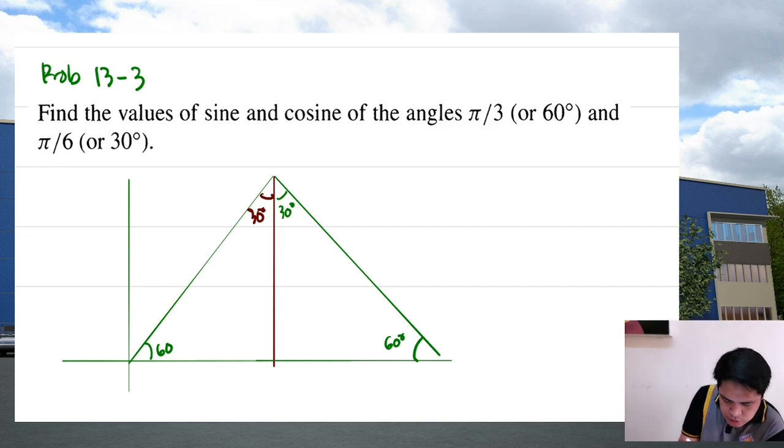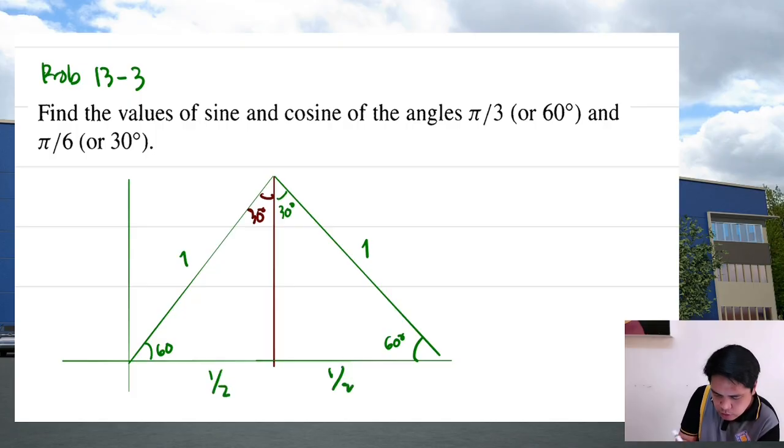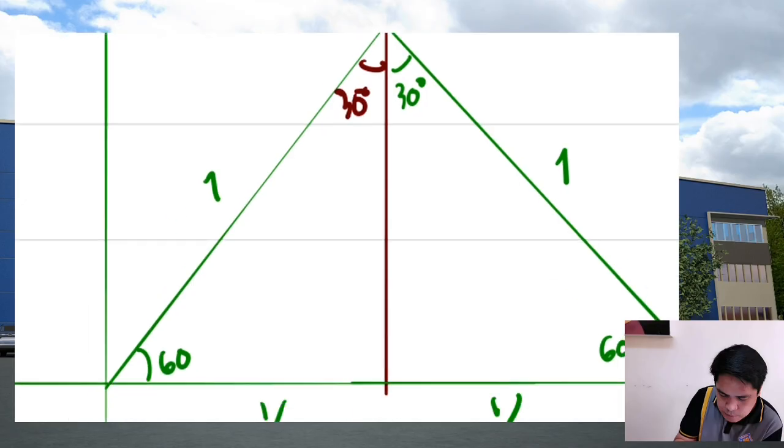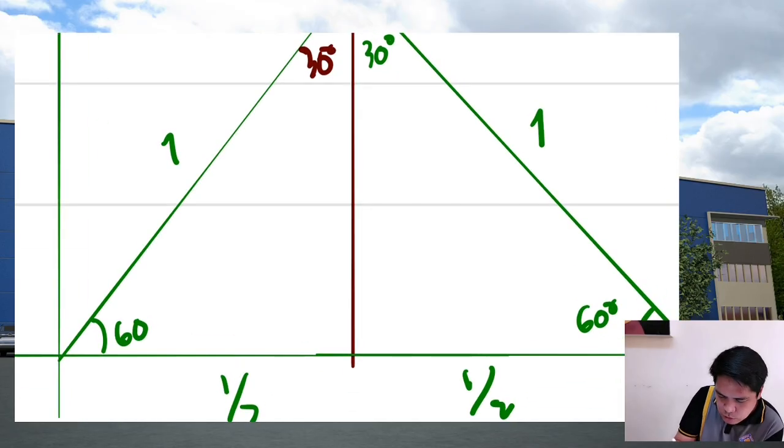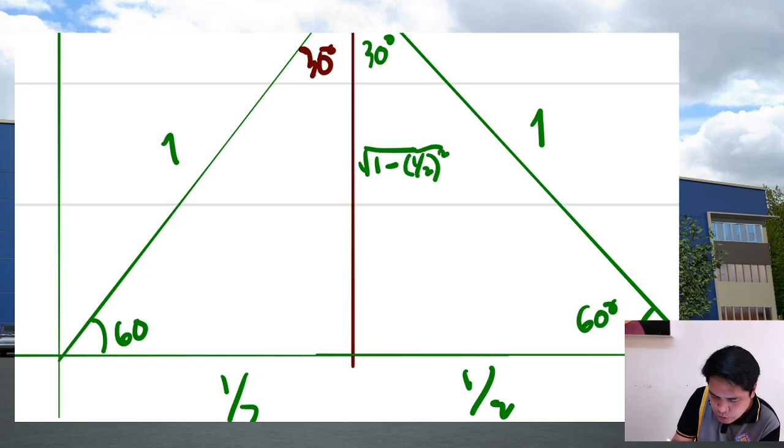Okay? So if this is a unit circle, 1, this is also 1, and this whole side is 1. So this is 1 half, and this is also 1 half. So by the Pythagorean theorem, we could solve for this side. So for that side, that would be square root of 1 minus 1 half squared. Right?